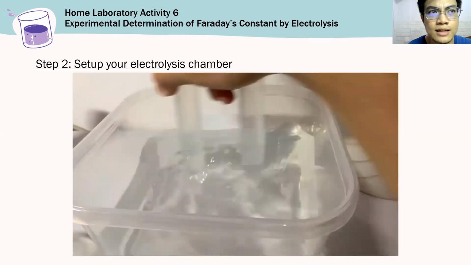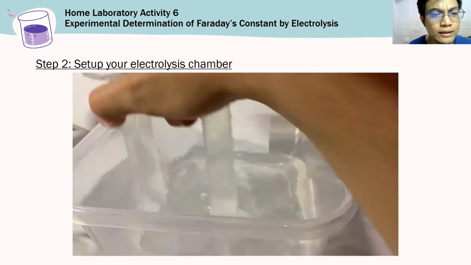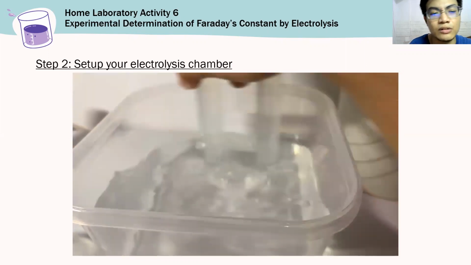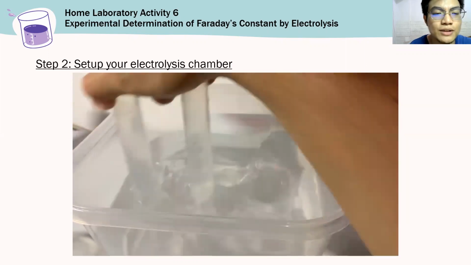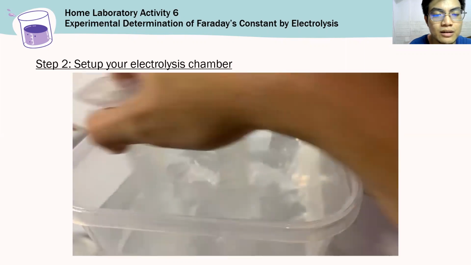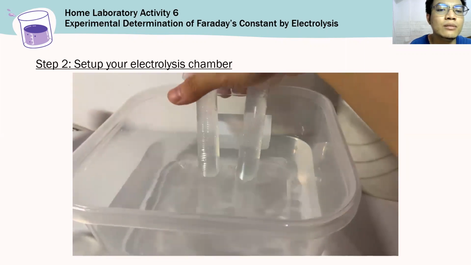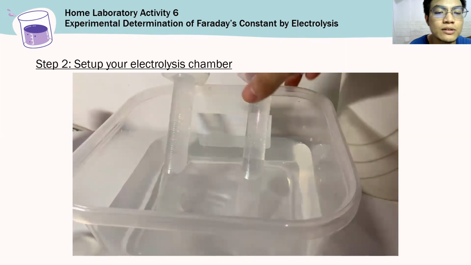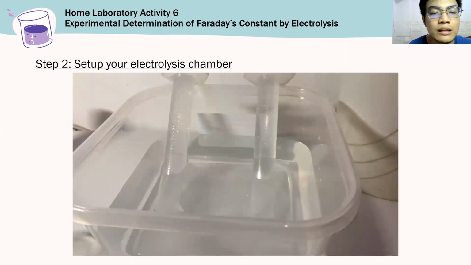So just add at least 1 tablespoon, although I was unable to measure how much salt was there. And then, using your inverted test tubes or graduated cylinder, swirl the solution until the salt is fully dissolved.